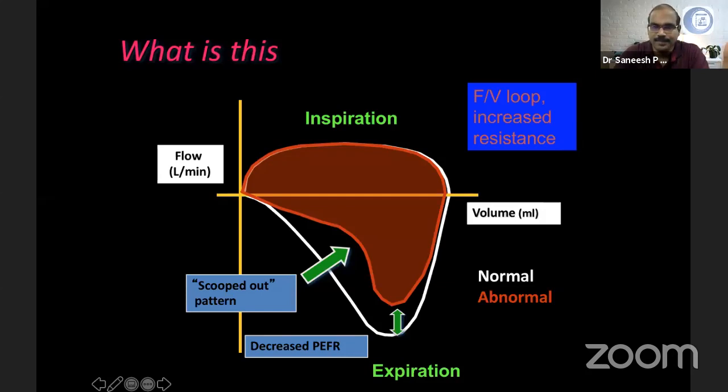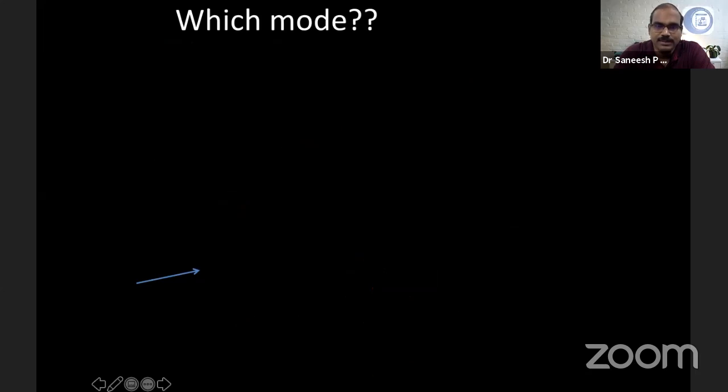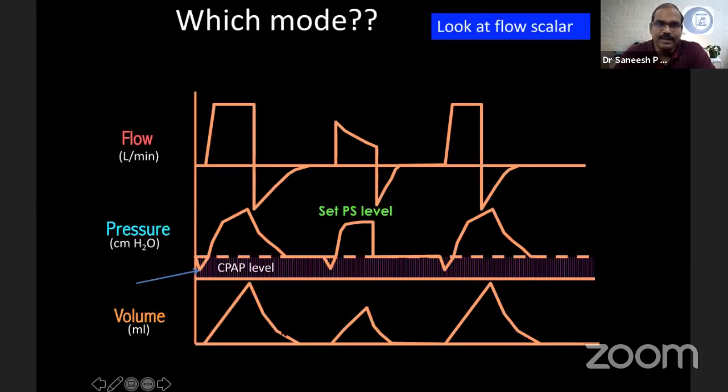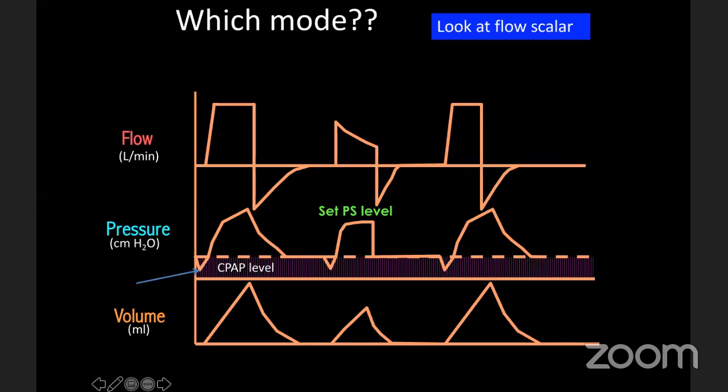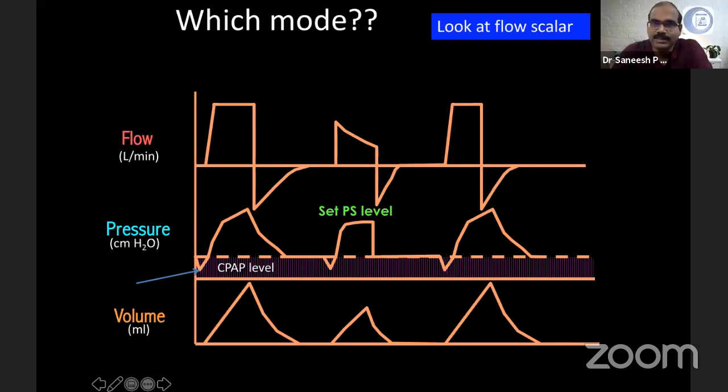Whenever you are looking at the flow volume loop, when the patient is having a spasm, you can pick up all these clues. Now, who is answering this? Dr. Lakshmi, you can continue. What all things can you pick up from this scalar?